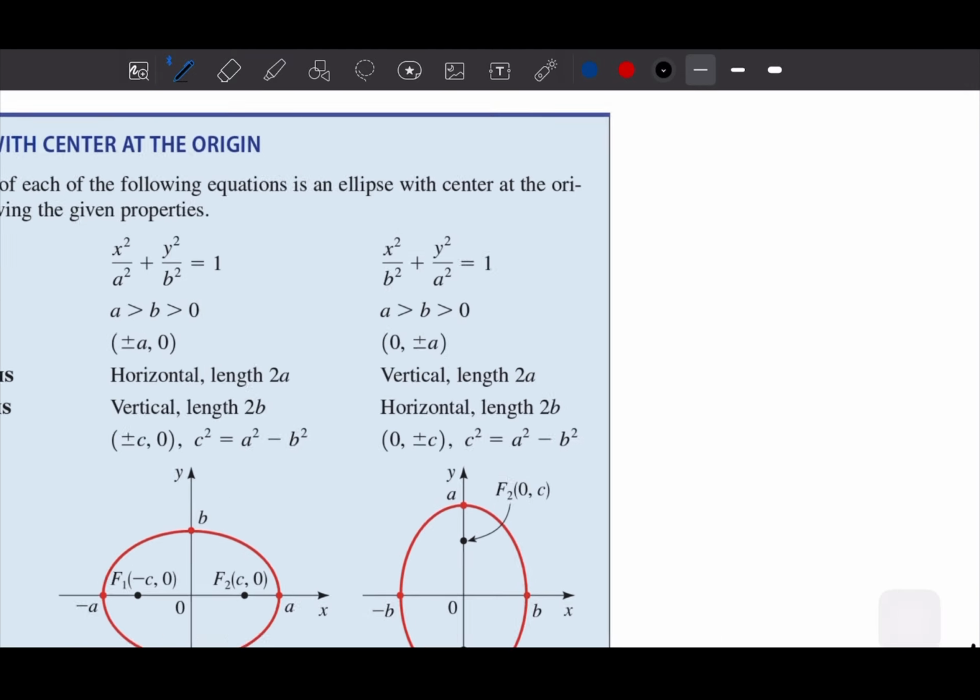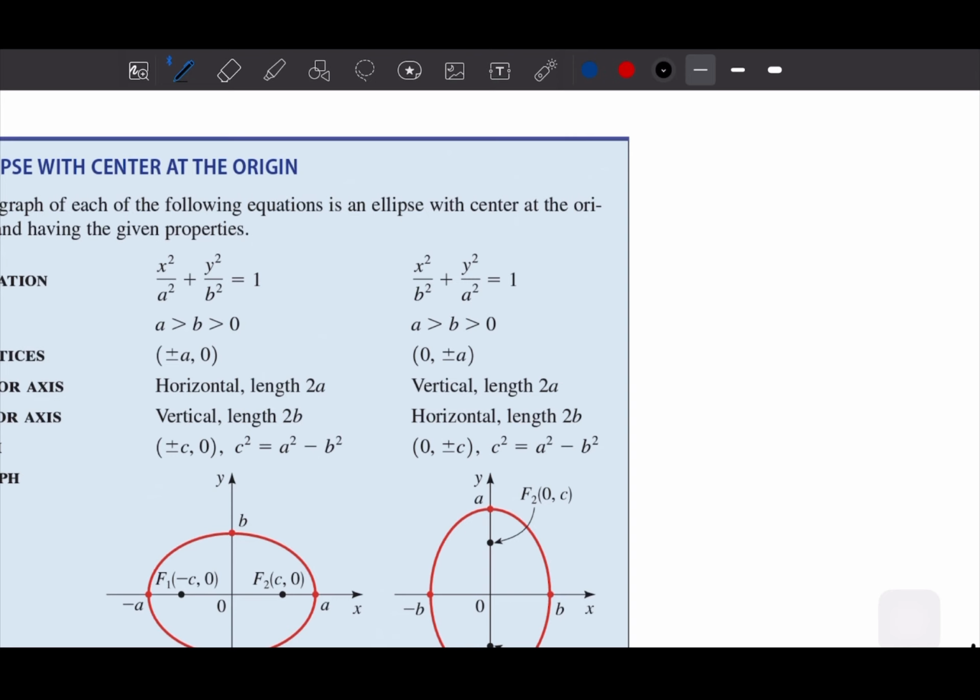Okay, example. Let me write the example on the right side. If we have x squared over 9 plus y squared over 4, y squared has 4 and x squared has 9 on the bottom. So we need to confirm our a and b. a is supposed to be greater than b, then a squared is greater than b squared, and in our case a squared is 9, right?